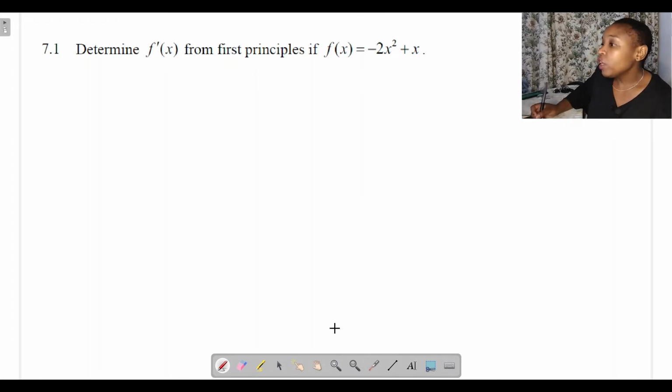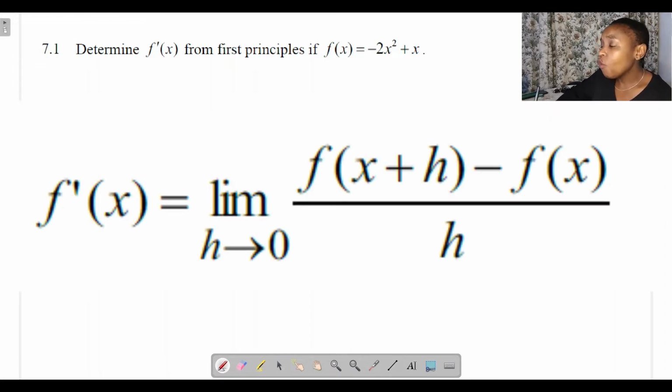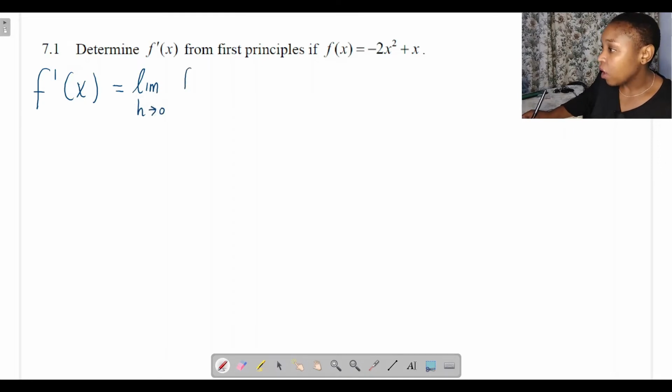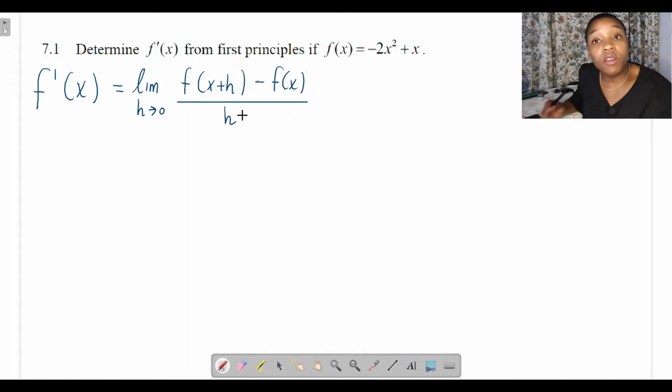If you have a look at your formula sheet, we are given the formula for finding the derivative of f of x using first principles, and that formula is f prime of x is equal to the limit as h approaches 0 of f of x plus h minus f of x all over h.